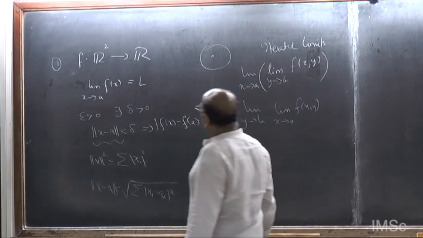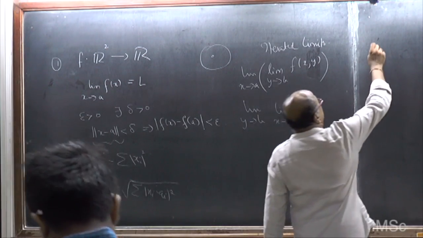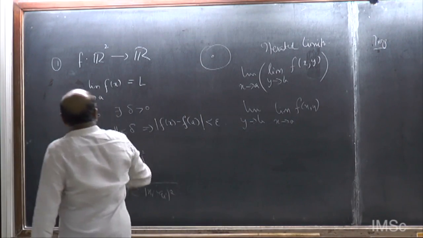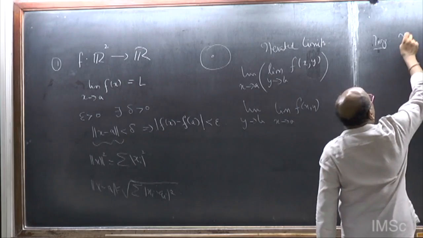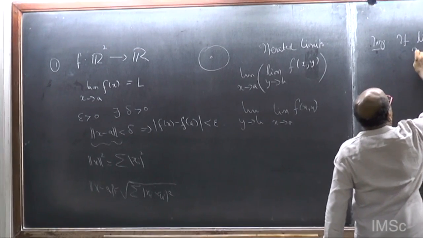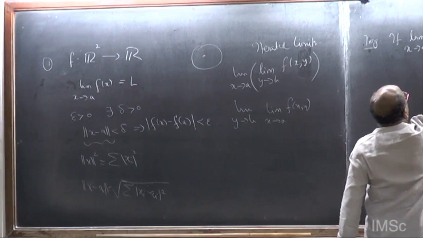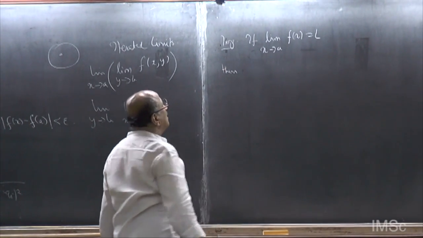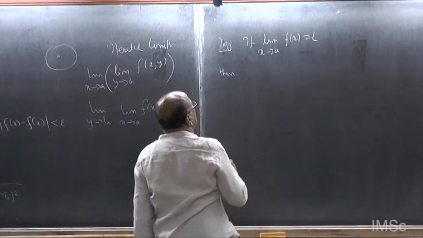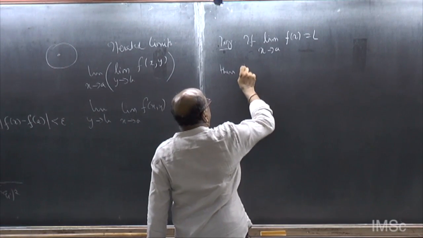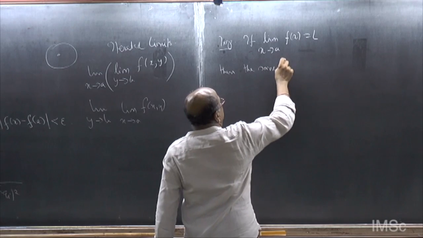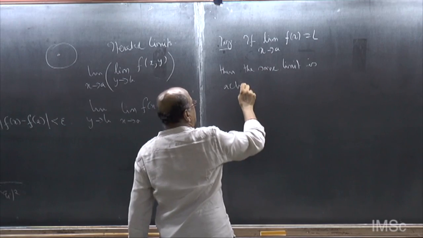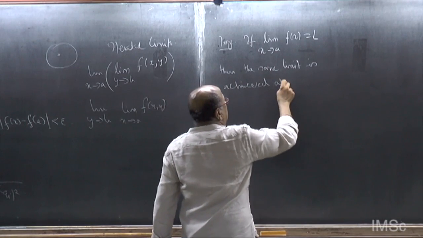First of all, we have the following proposition. If limit x tending to a of f of x equals L, then the same limit is achieved along any path.